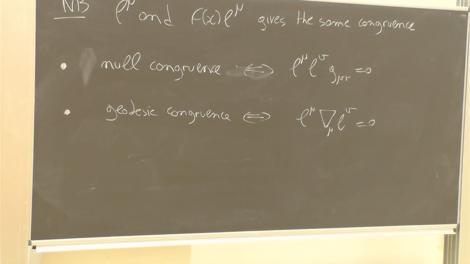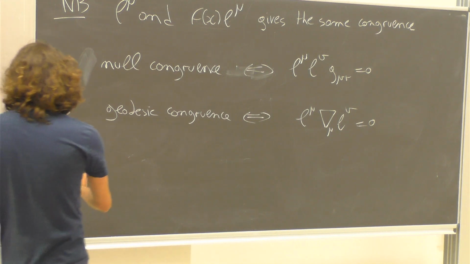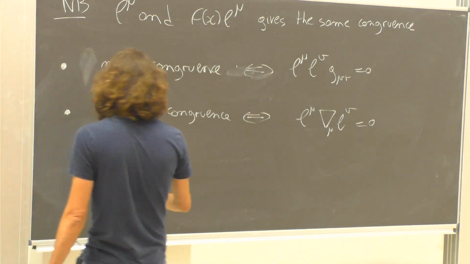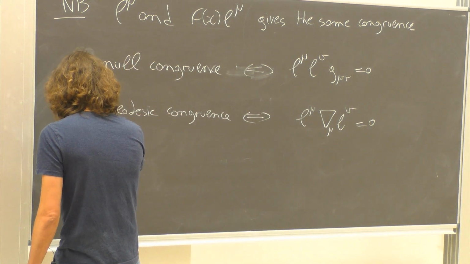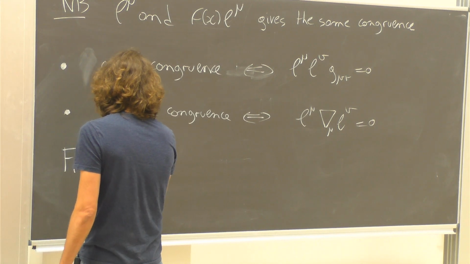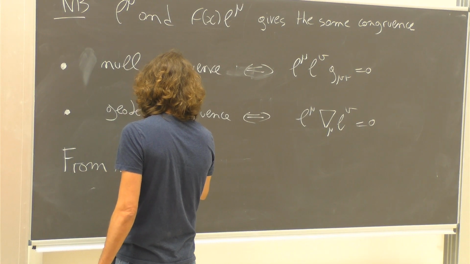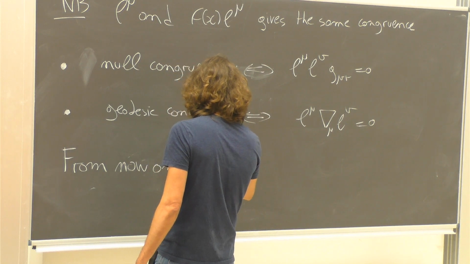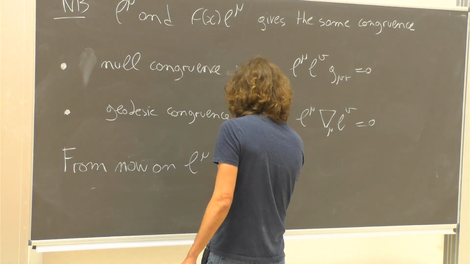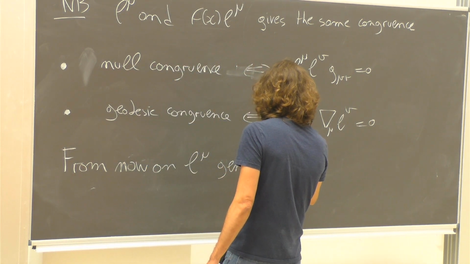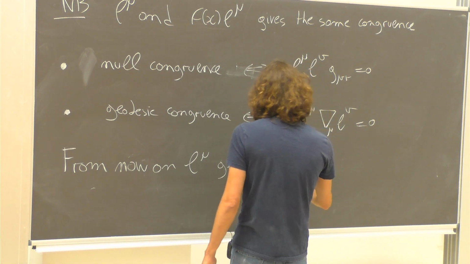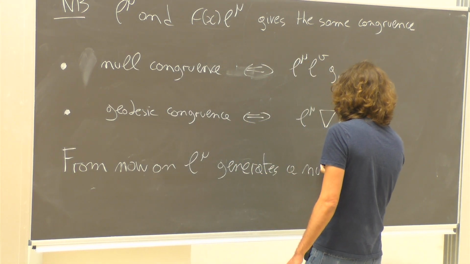Is there any question about these simple definitions? So why am I talking about null? Now I'm going to focus everywhere on a null geodesic congruence. So from now on, L mu generates a null geodesic congruence.